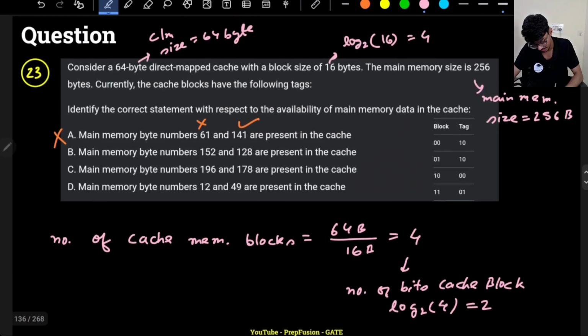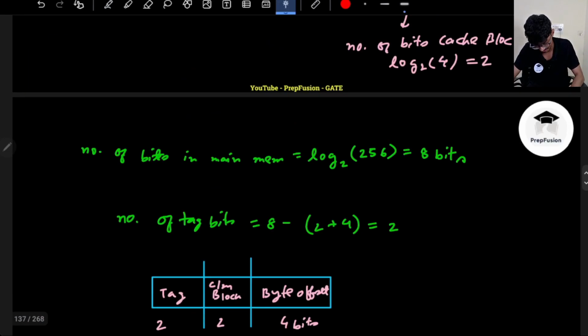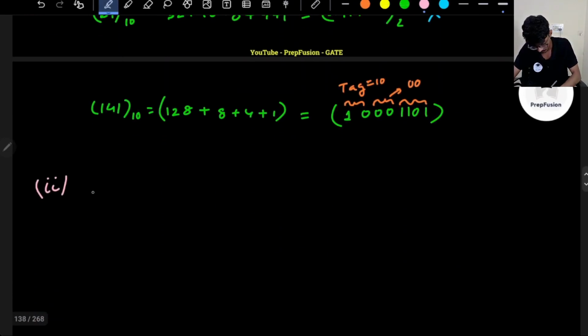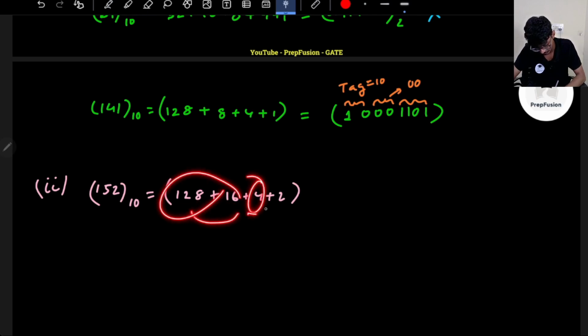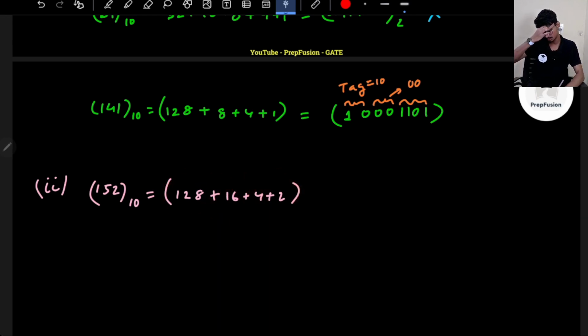In the second option, they have given that 152 and 128 are in the cache. So 152, if I want to write it in binary, this will be 128 plus 24.